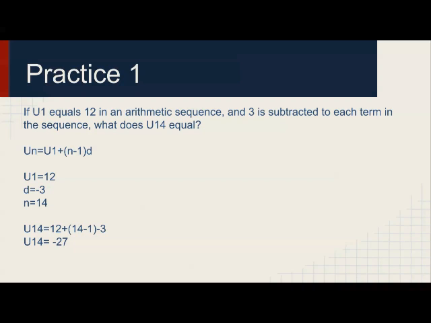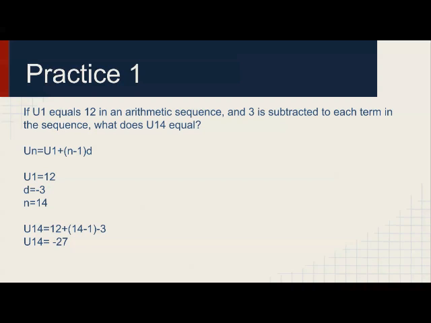And then lastly, this is kind of the one that tricks some people up. Our n is 14 because U of n, or U of 14, is what we're looking for. So whenever we're plugging in anywhere in this formula, we're going to put in 14.